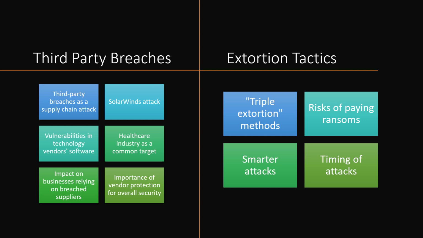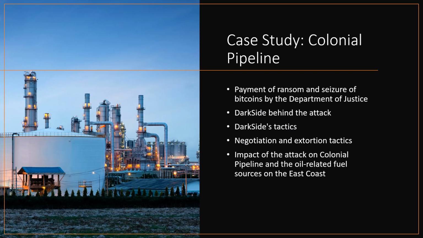And then another small but more in-depth or more effective attack that we see is the timing. Simply timing things during holidays can lead to better effects for attackers because there's less security defenders on site because it's a holiday.